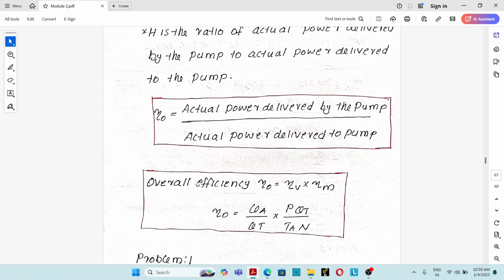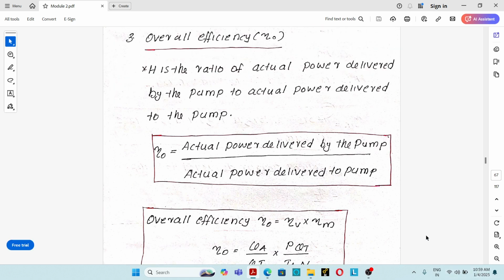Next one is overall efficiency. It is the ratio of the actual power delivered by the pump to the actual power delivered to the pump.